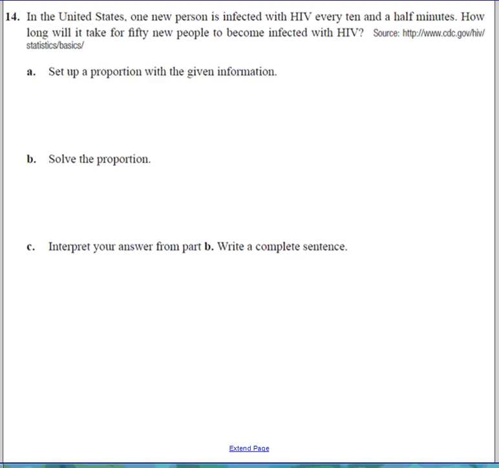So again, our first ratio that they give us is that 1 person in every 10.5 minutes. And so let's put 1 person over 10.5. It's easier to write it as a decimal in my mind. And that's in minutes.